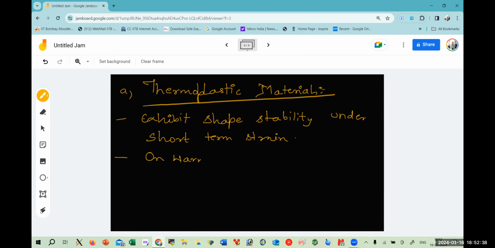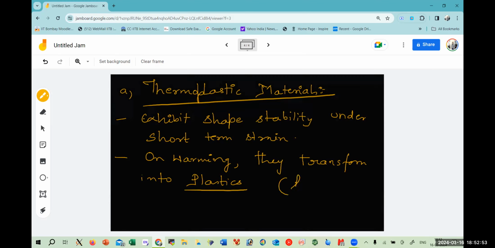However, when we give slight heating to it, they transform into plastic. And plastics do not have memory. So they can't memorize which shape they were in earlier.